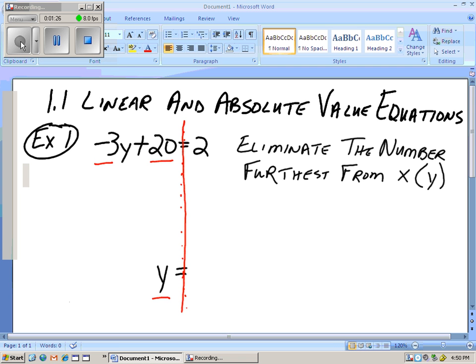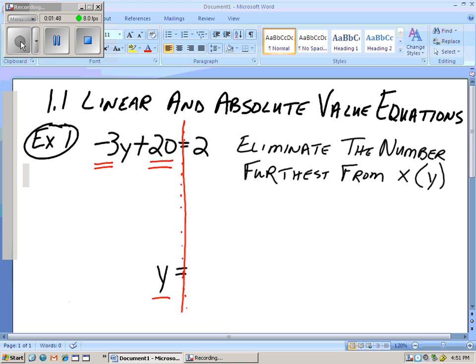X, y, z, whatever letter they're using. Well, the 3 is right beside the y. We call that a coefficient. This 20 is a little further from the y, so that's the number I'm going to get rid of first.